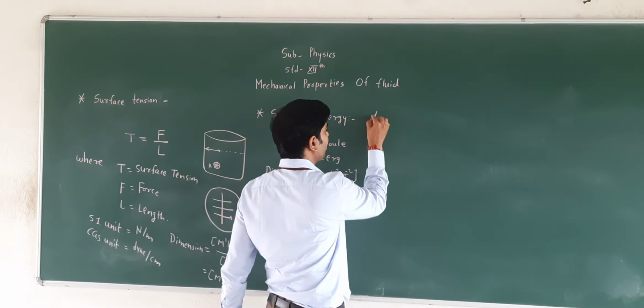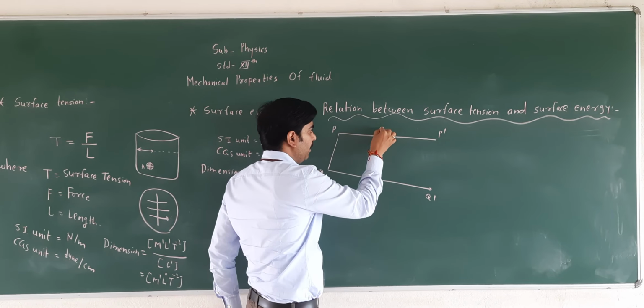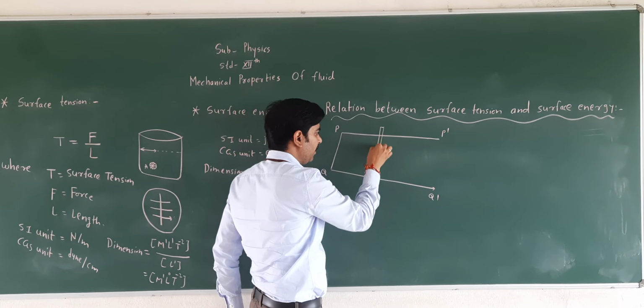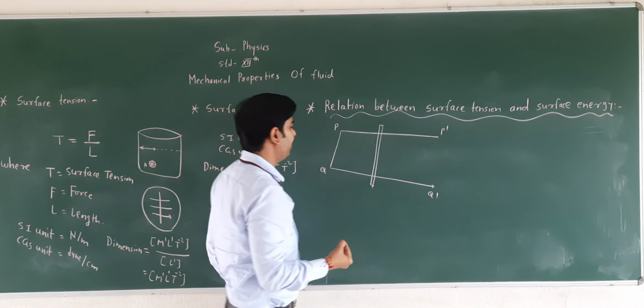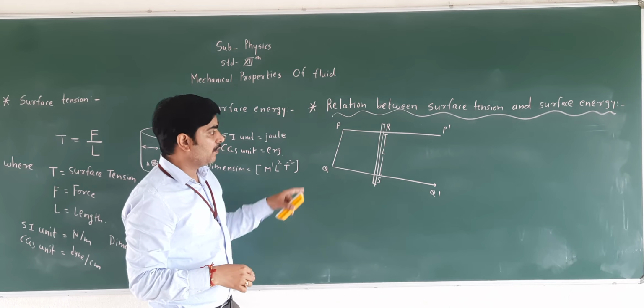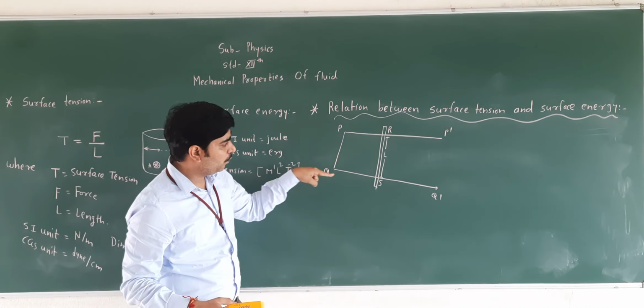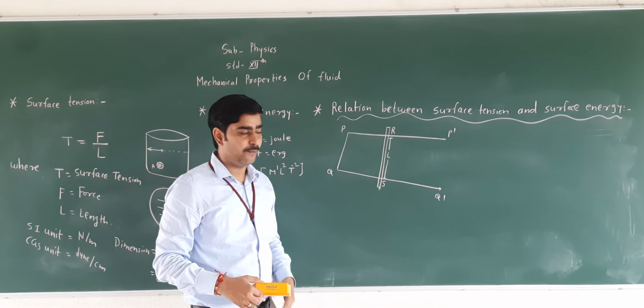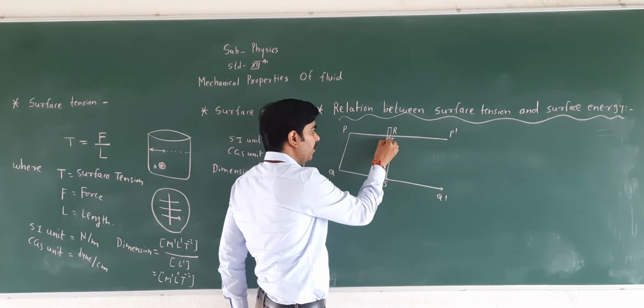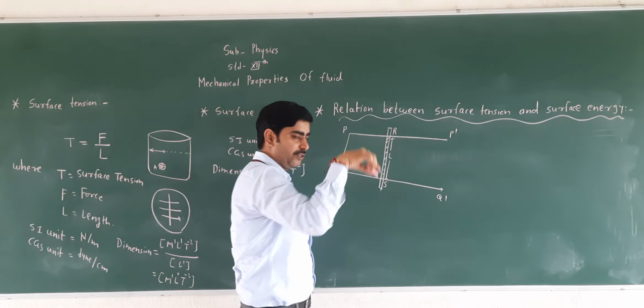Now we should add one thin rod RS having the length L. L will be the length of this rod. So this rod will be added here. So here we can observe that one short frame PQSR will be formed.